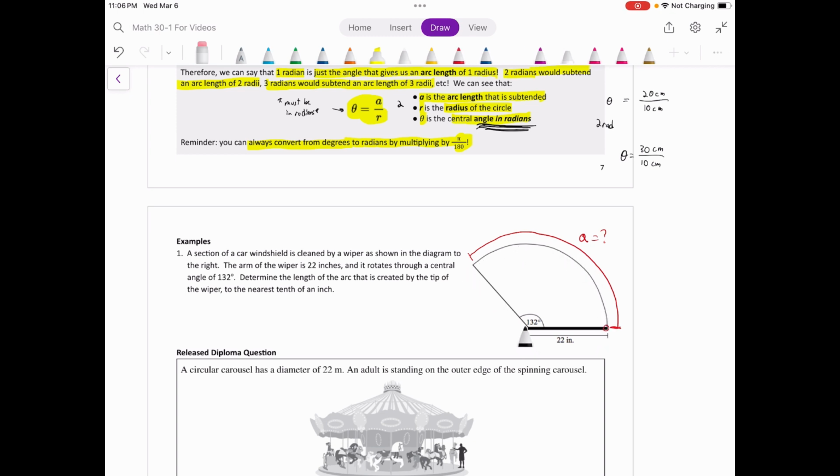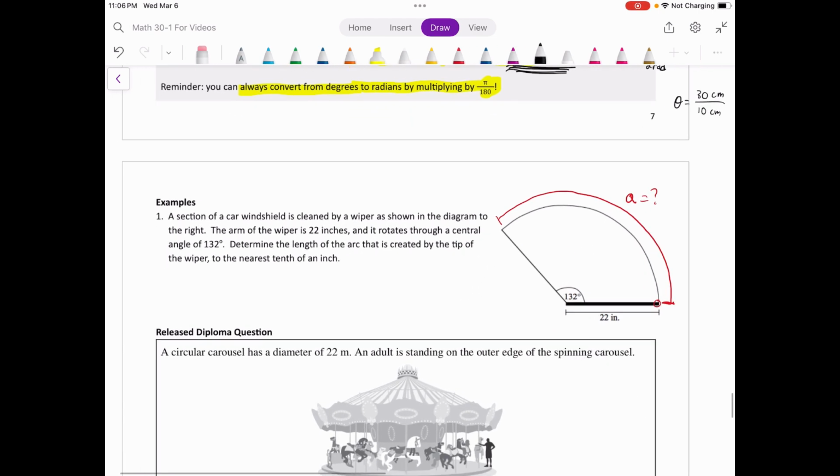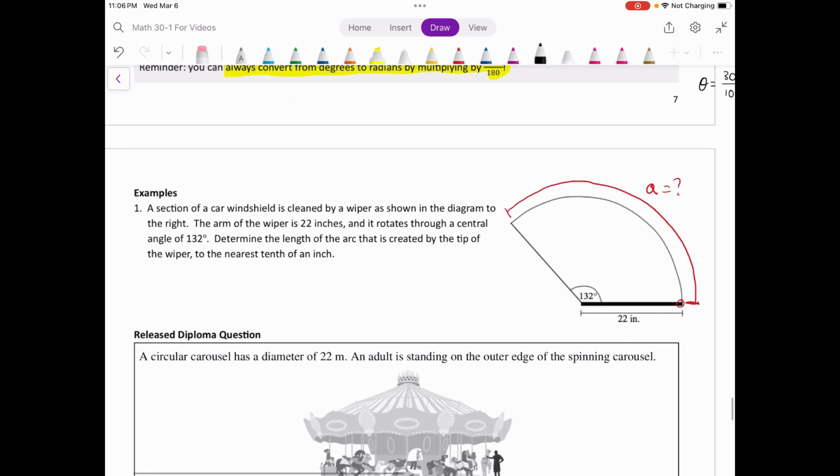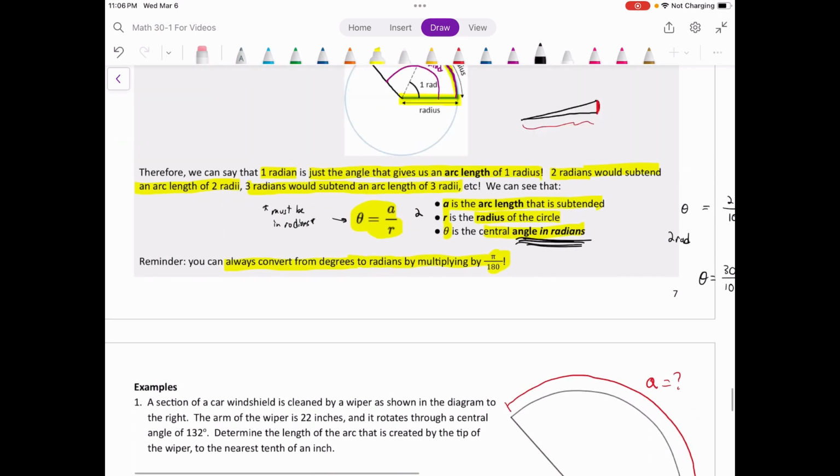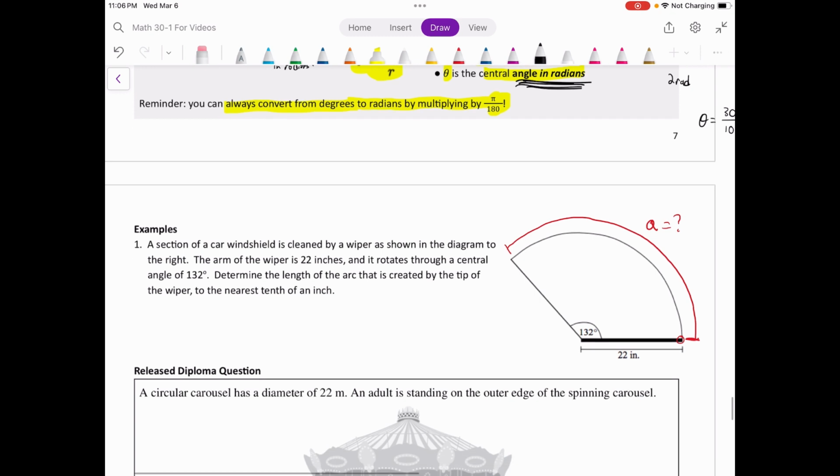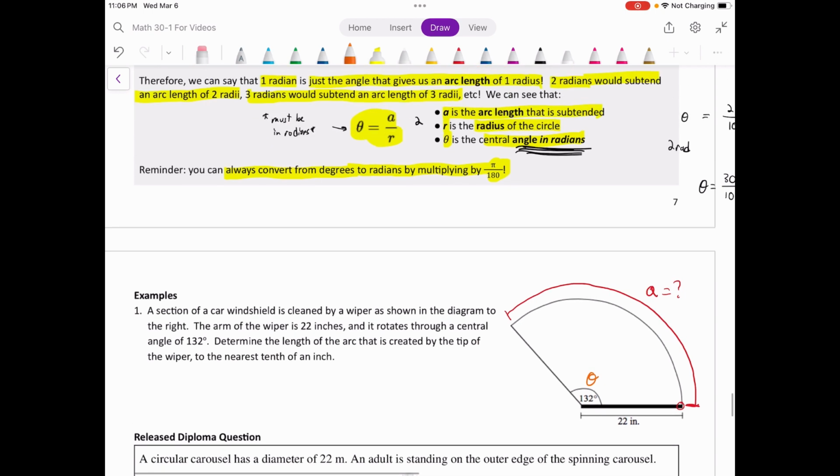And that circle will have a radius of the wiper's length because it's fixed here and it rotates around that point. Now do you see any red flags here about our angle if we want to use it with this formula? This is our angle, but it's in the wrong units right now. This formula is based on the fact that an angle of 1 radian subtends an arc length of 1 radius.